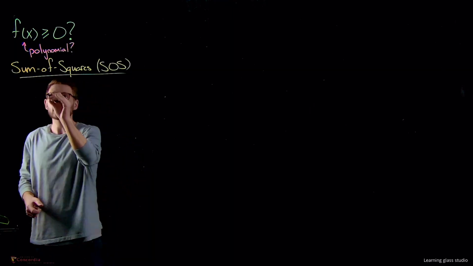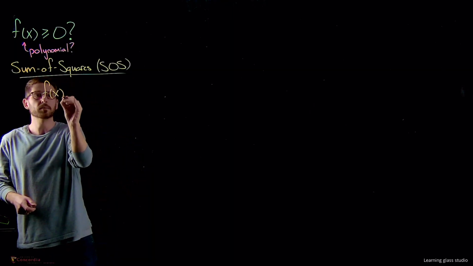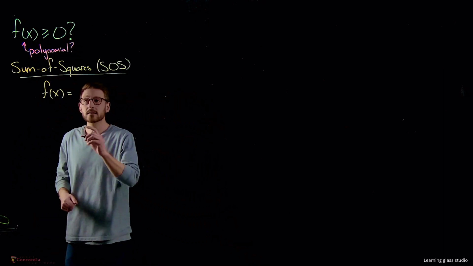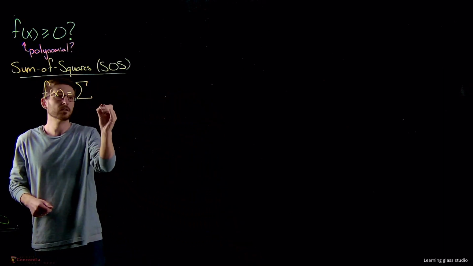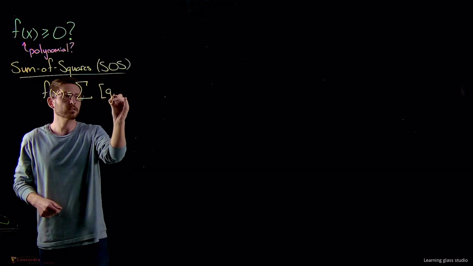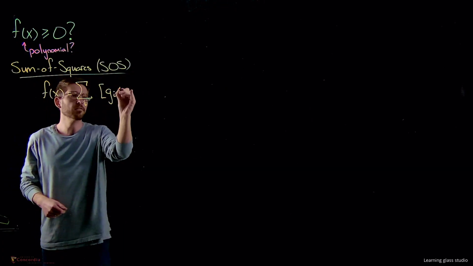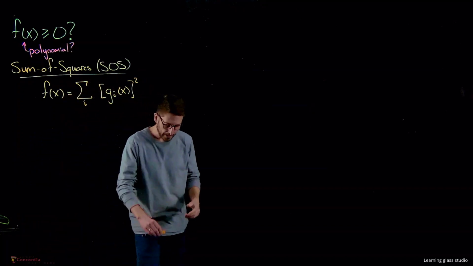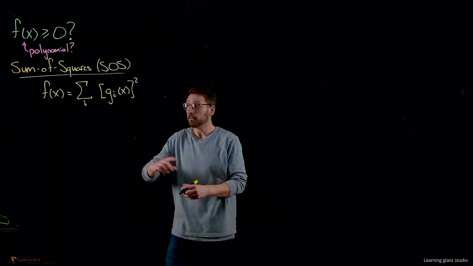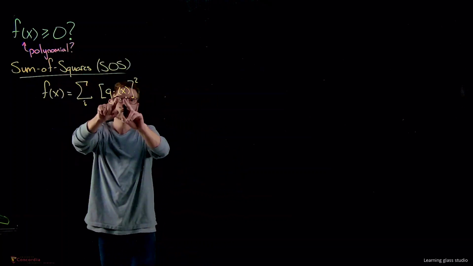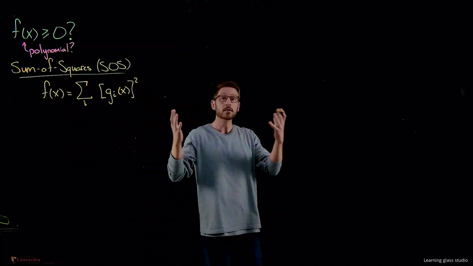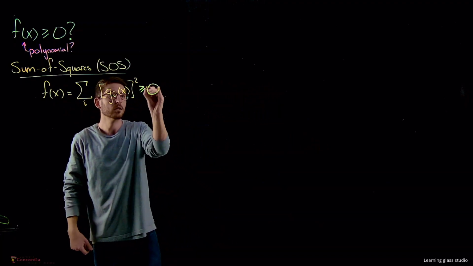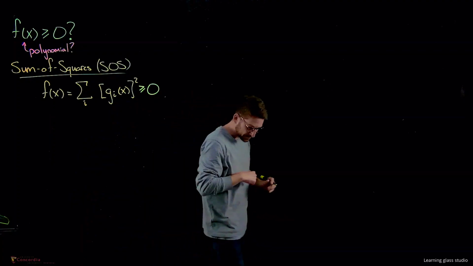Essentially, the hope here would be that I could represent the function f as a sum of square functions, let's say g_i over some finite number of functions that are all squared. Then I can very easily answer this question, right? Squares are non-negative, sums of them are non-negative, and therefore this is true trivially.